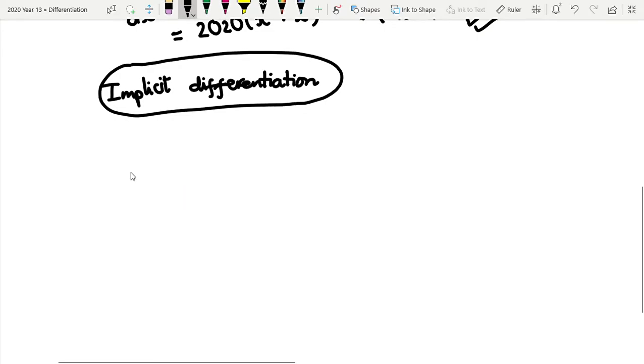So we talk a little bit about implicit differentiation. Firstly, the word implicit means y cannot be, or is hard to, write in terms of x. Let's just zoom out a little bit.